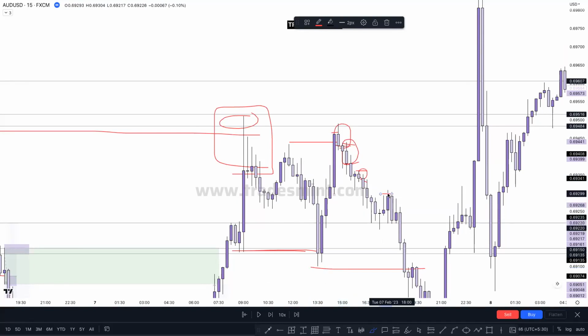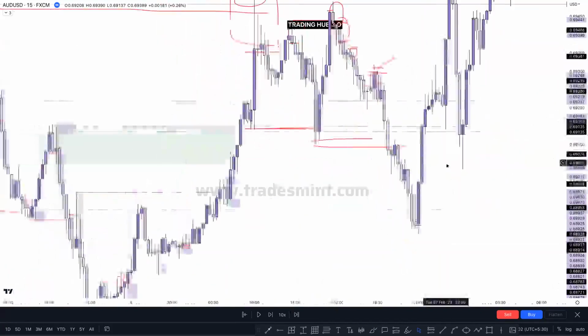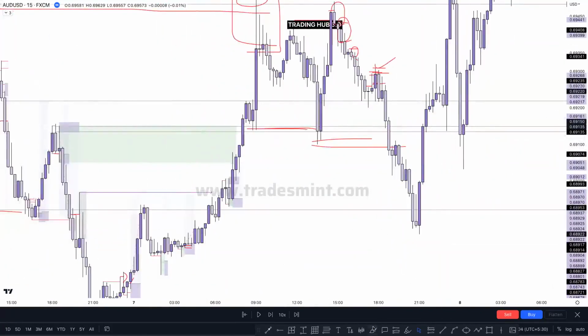Sweep this shadow as a PY, right? Sweep, you can also sell here. I hope this will be a stop loss for sure. This one, right? This is valid. Taken out this low. Again, sweep this, push downside.